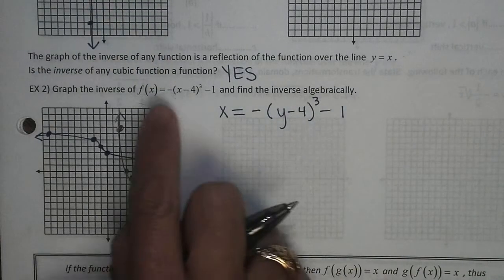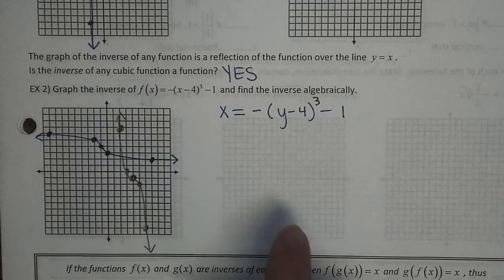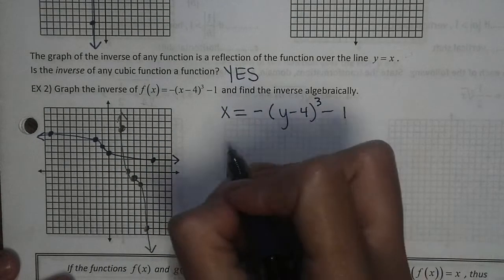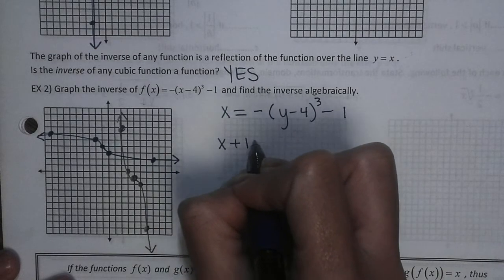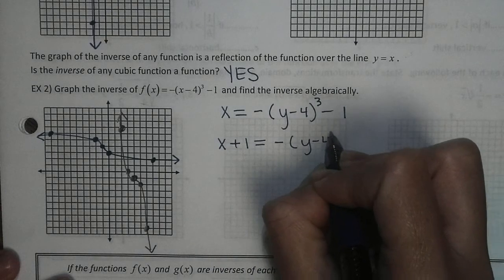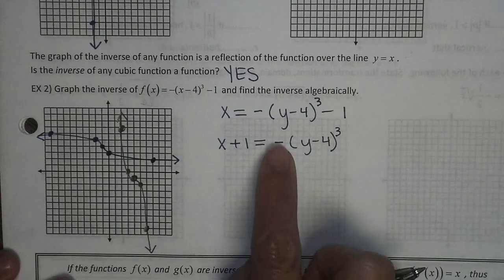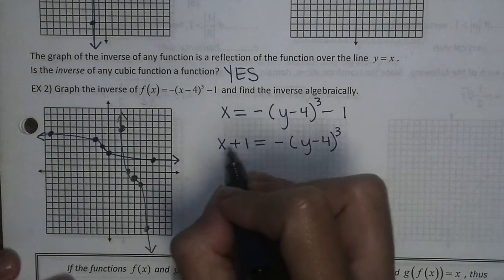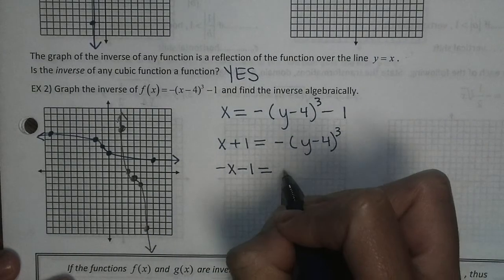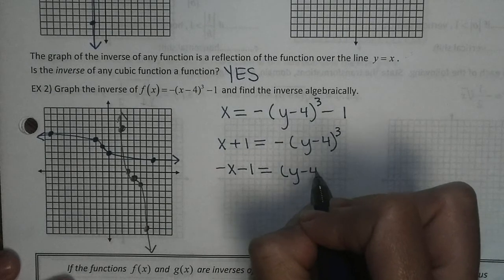So switch the x and the y, and now solve for y. I'm going to add 1: x plus 1 equals negative parentheses y minus 4 to the third power. Get rid of the negative in front of the parentheses: negative x minus 1 equals y minus 4 cubed.